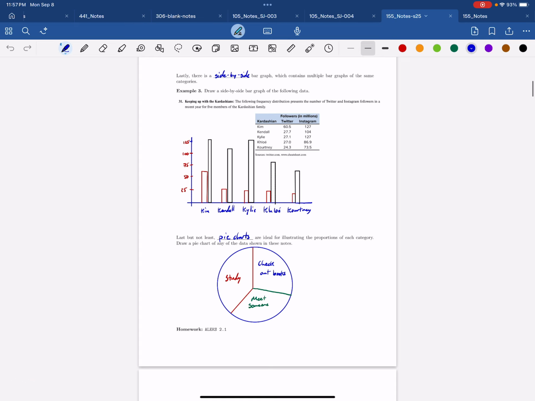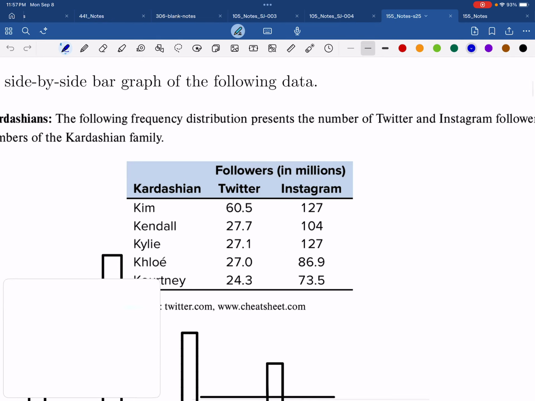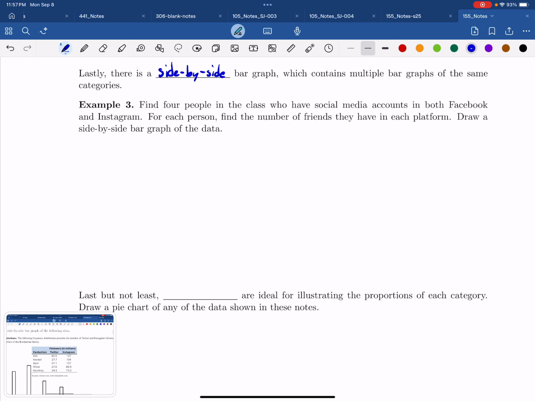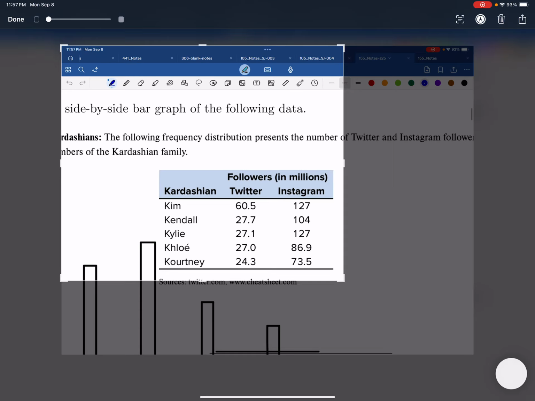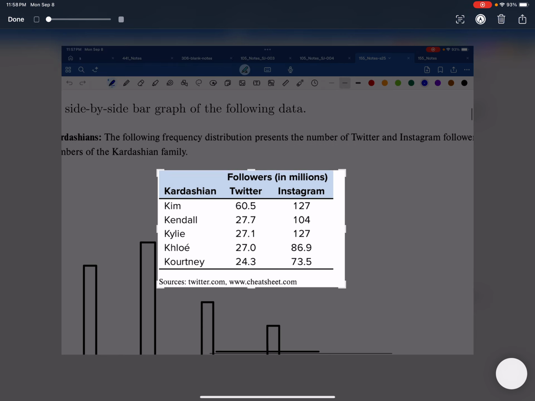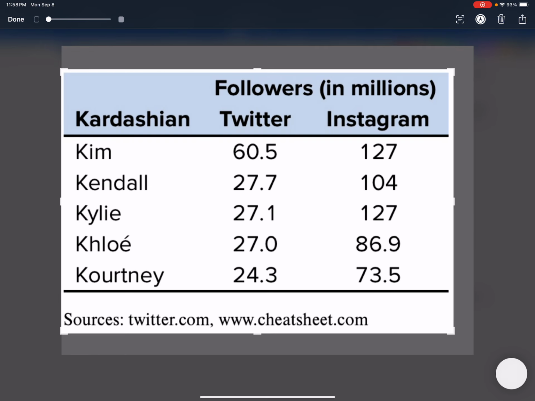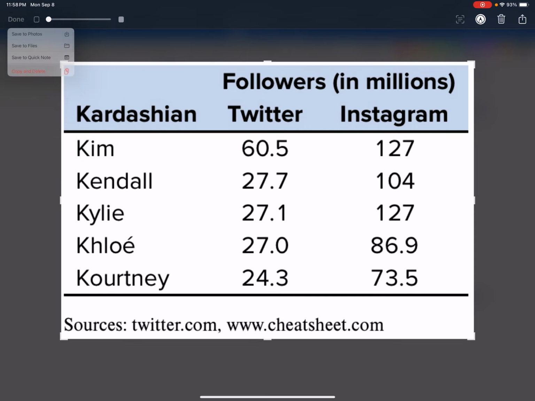Let me take a picture of that. This is stuff I encourage you to do if you've got some friends around, perhaps. But for us, let's just use this data.